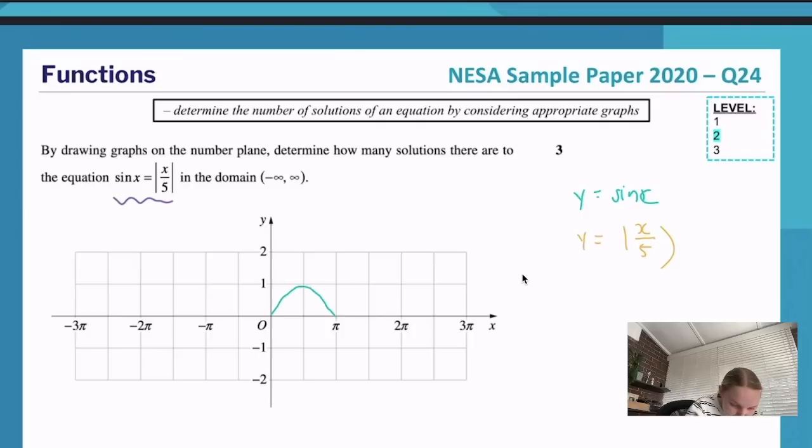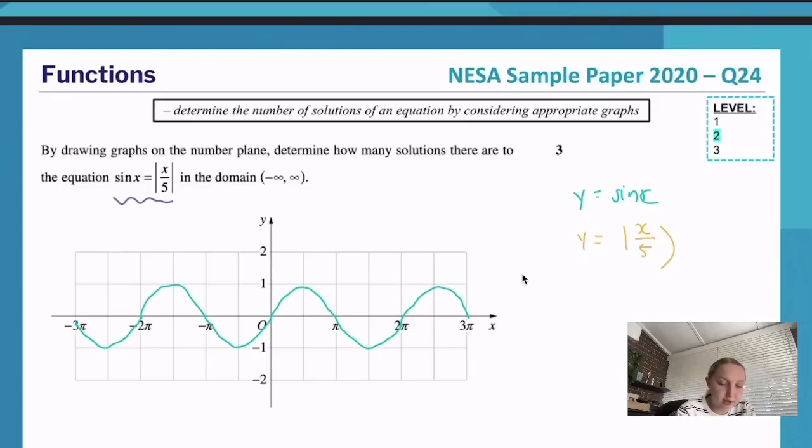Let's see if I can graph this nicely. Okay, I feel like you guys are going to get the vibe. That's that for our graph of y equals sine x.